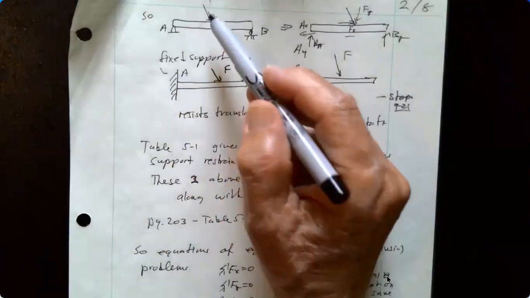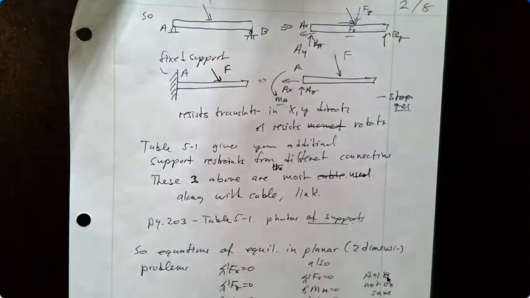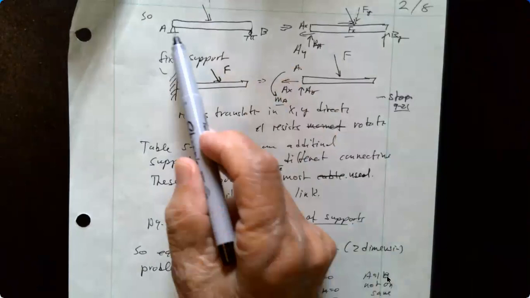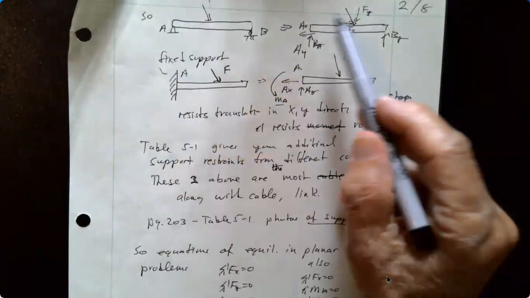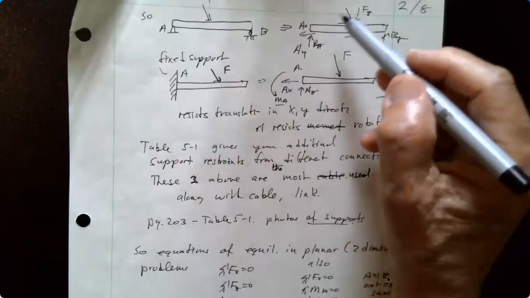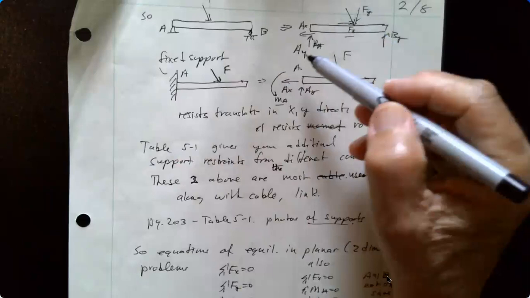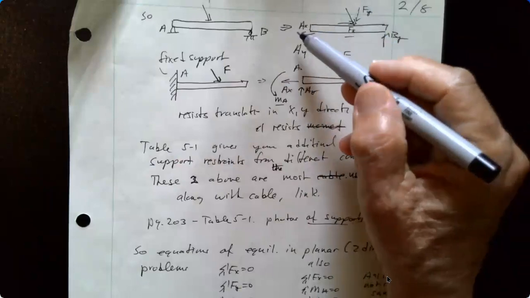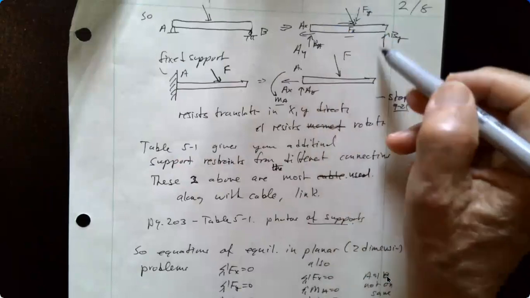What we're going to do is we want to draw the free body diagram, which means that we separate this beam from its supports and provide the supporting reactions that will keep this basically suspended in space. So what I would do is break this force F into a Y component and an X component. And then I would show my, I would call it A sub Y and an A sub X. And then I would have a B sub Y.